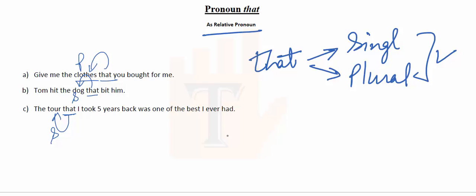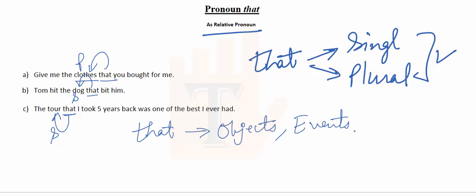One more thing to remember: that as a relative pronoun can be used for objects and events, and in some cases pet animals or something, unnamed animals.